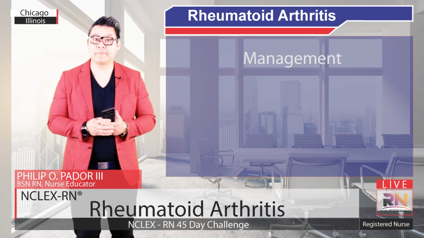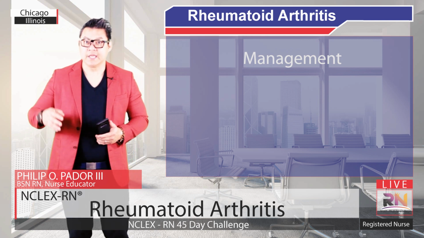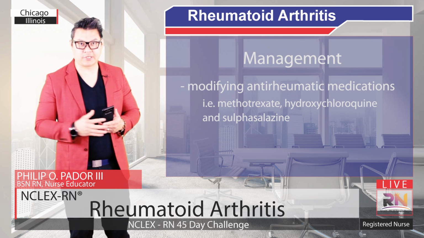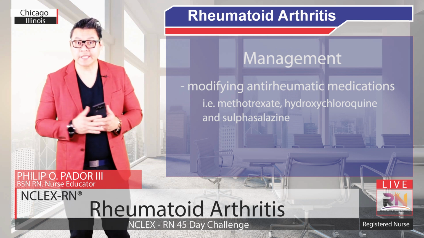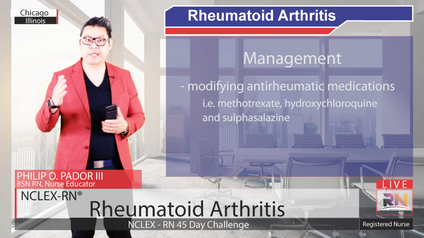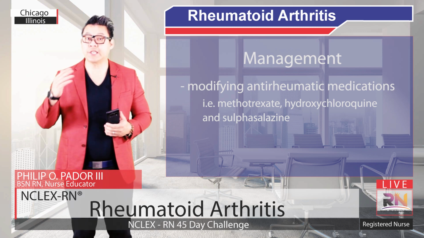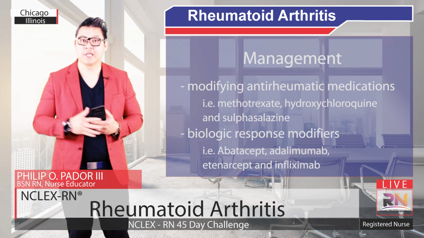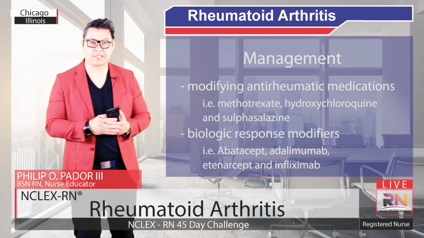The long-term management of rheumatoid arthritis is the use of disease-modifying anti-rheumatic drugs like methotrexate, hydroxychloroquine, and sulfasalazine, which can help suppress the inflammation. In addition, there are a variety of medications called biologic response modifiers, or biologics.